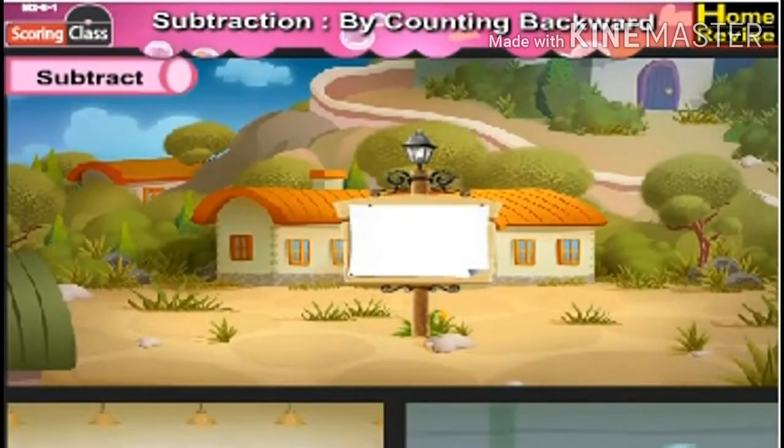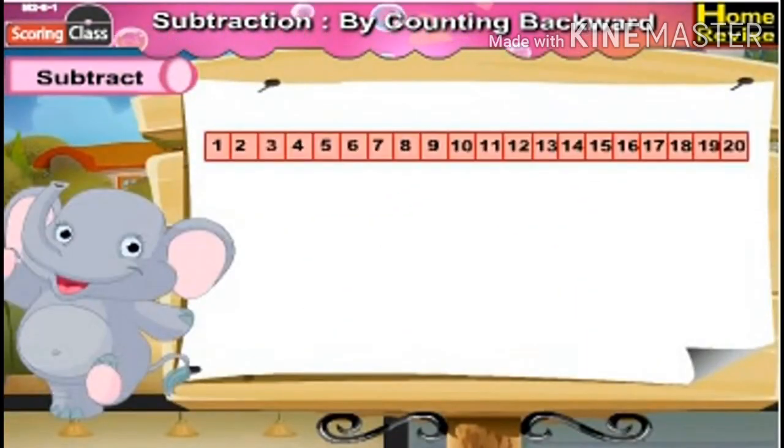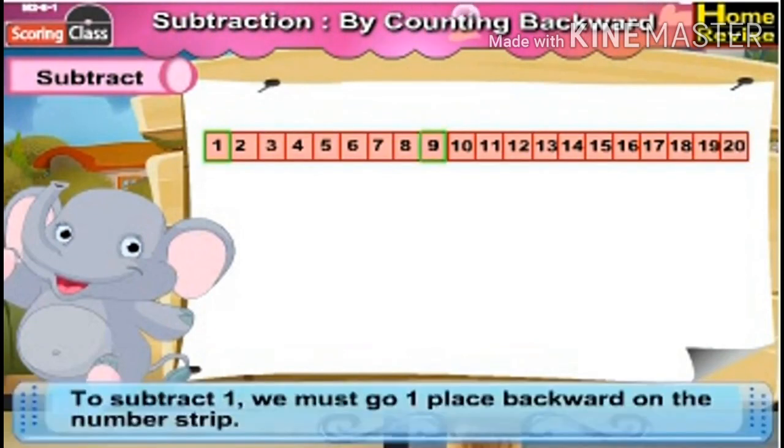Subtraction by counting backward. Subtract. Now here you can find the numbers from 1 to 20. Now if we want to subtract 1 from 9, to subtract 1 we must go 1 place backward on the number strip.